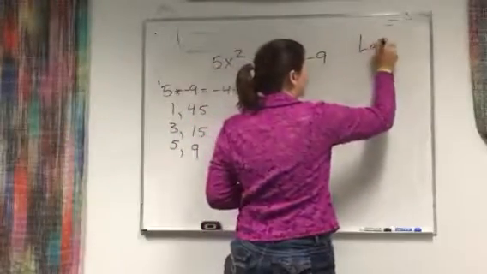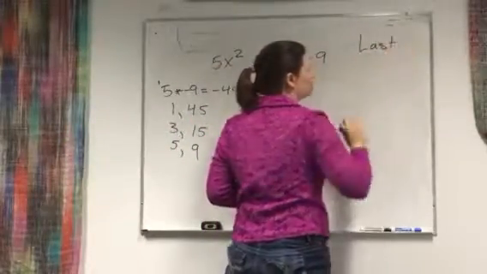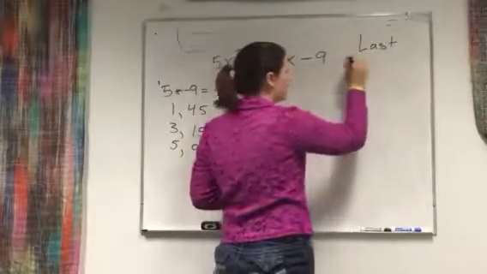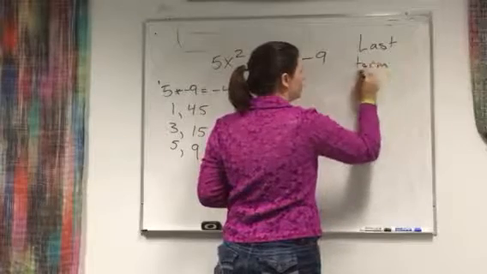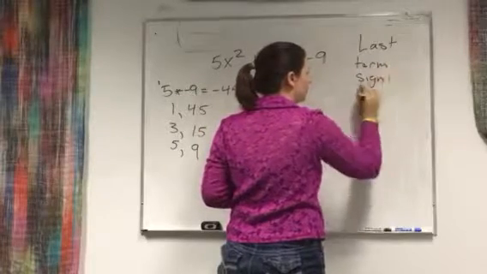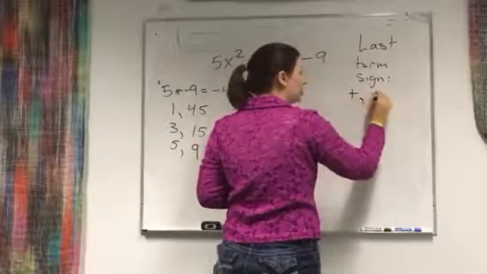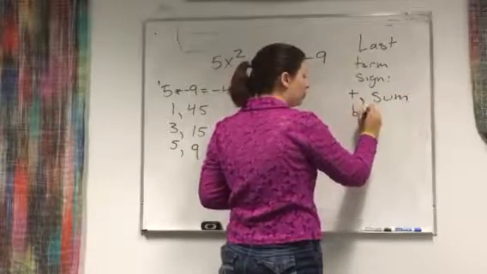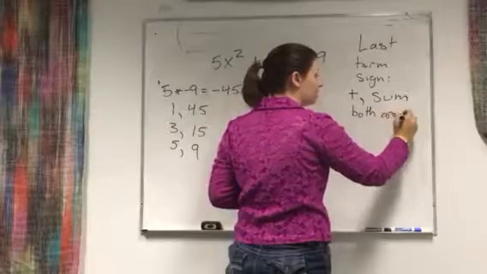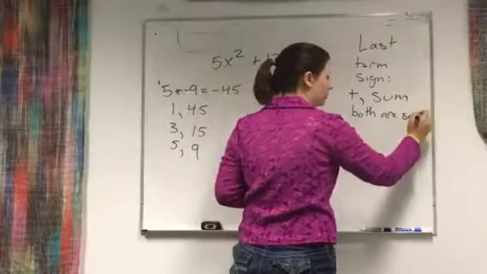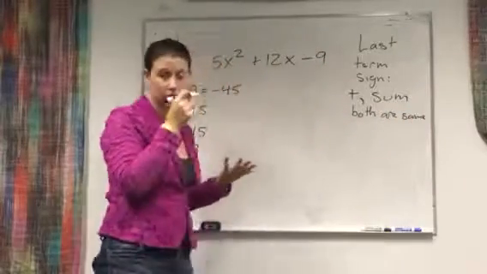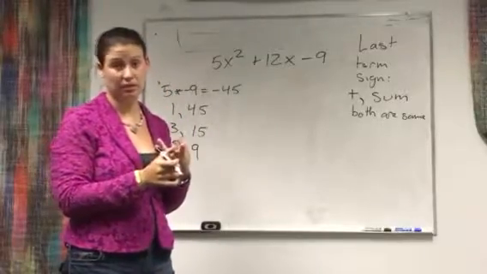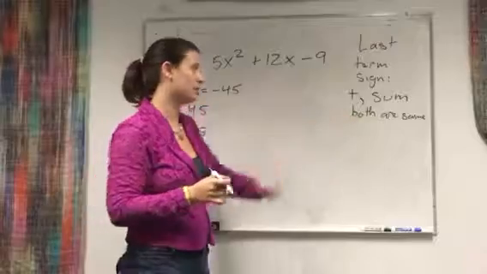So last term sign, if it's positive, you're looking for a sum of the numbers, and both are the same sign, because multiplication to get positive is either plus plus or minus minus, okay? So they have the same sign.